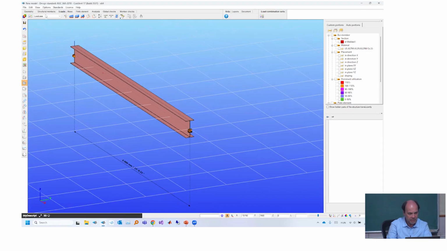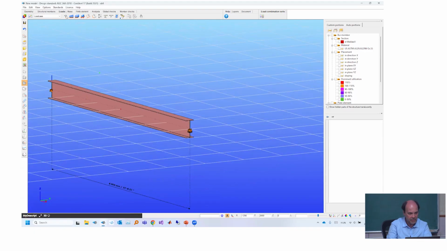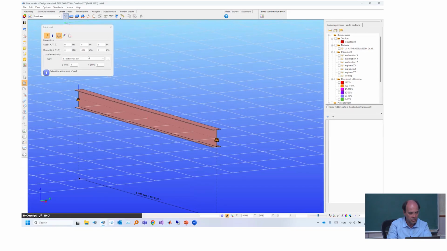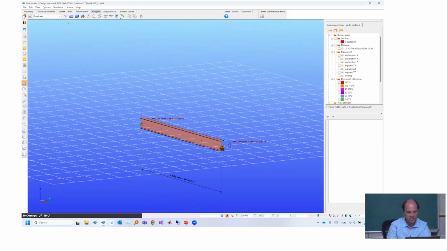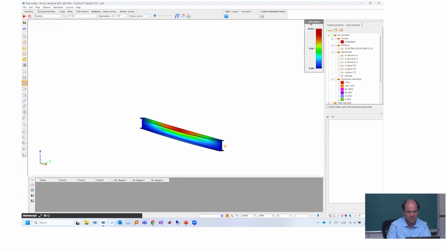Apparently I deleted everything, so I put back the point loads at the two ends, plus 100 at the left end, minus 100 on the other end. That was the first example, just to check that we have the same result, 170 is fine.